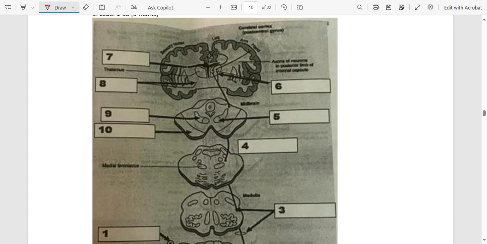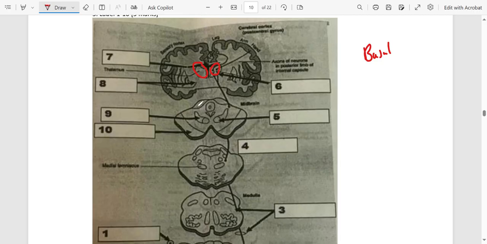So what has been labeled as 7 here, what's the part here? You have got this structure here. Now at this point, of course, you can't understand because this is part of what we call the basal ganglia. So 7 is what we call the corpus striatum, part of the basal ganglia. Okay.